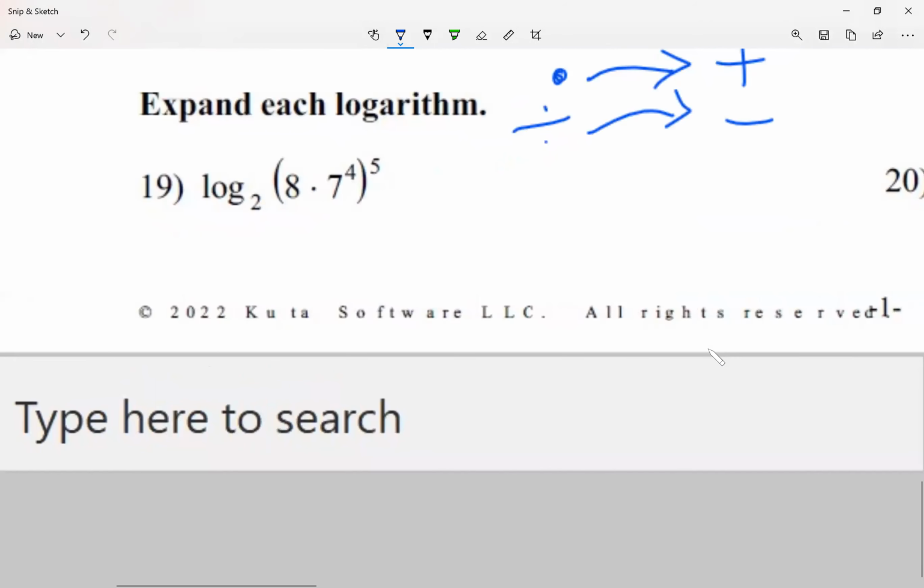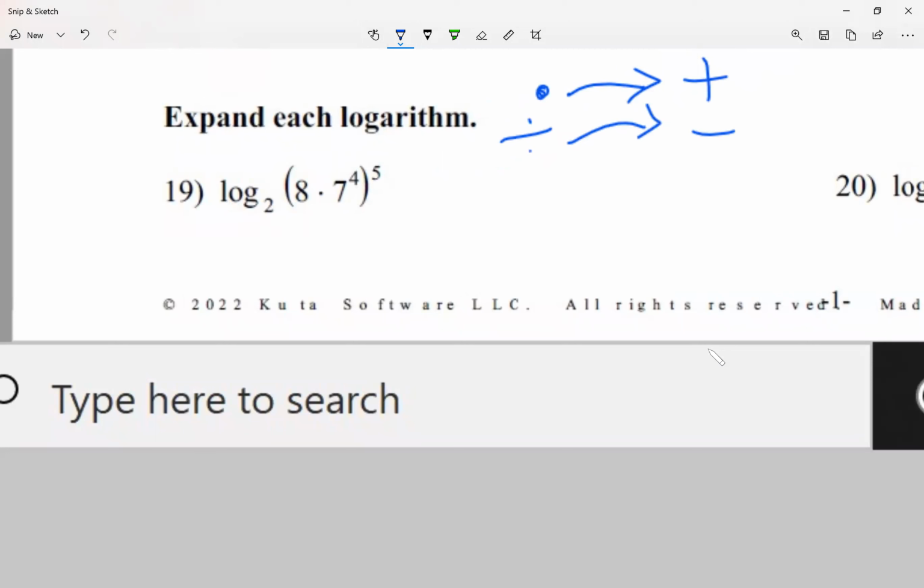Now, let's take a look. First of all, make sure you don't have any exponents outside of your parentheses. If you do, multiply the 5, in this case, the exponent on the outside, to the exponents on the inside. Everything inside has an exponent. Technically here we have 8 to the 1.